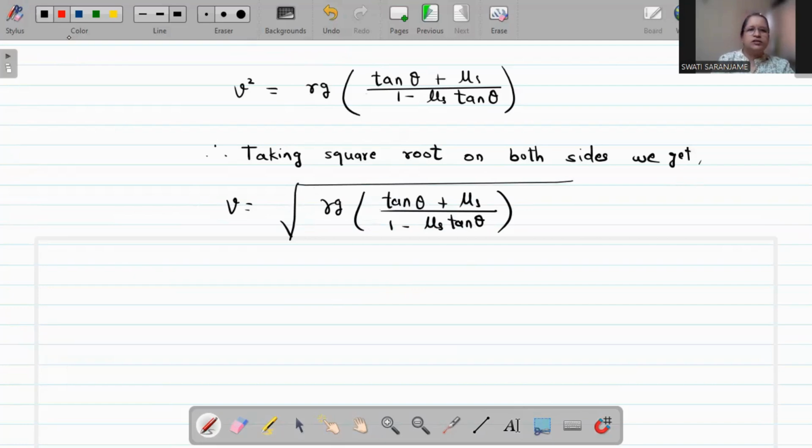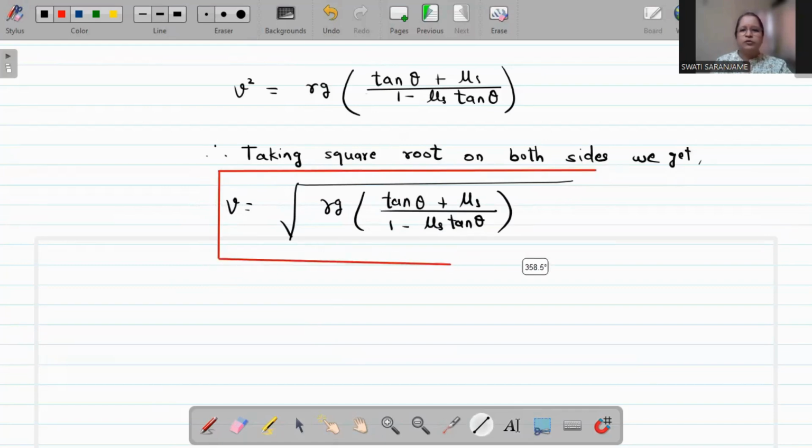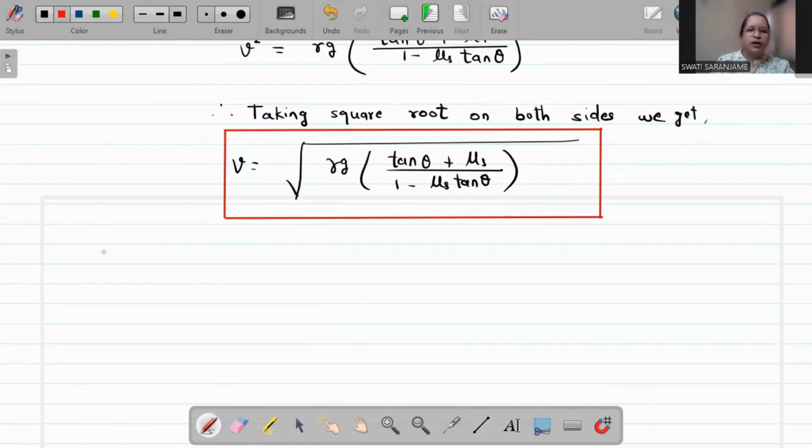Yes, this is the required expression if the vehicle is being driven with a higher speed than the minimum optimum speed, which is nothing but v equal to under root rg tan theta. So let's write that statement.